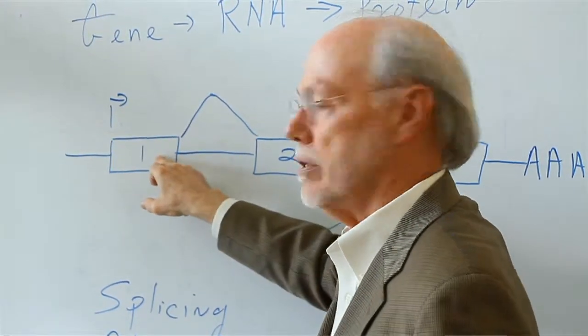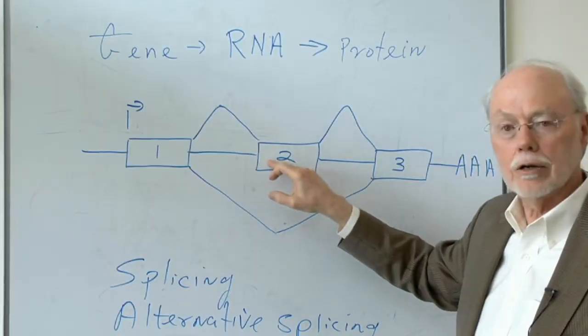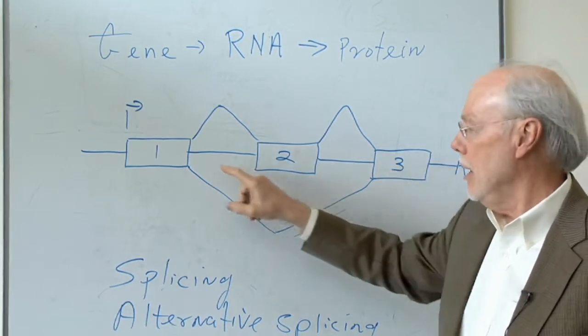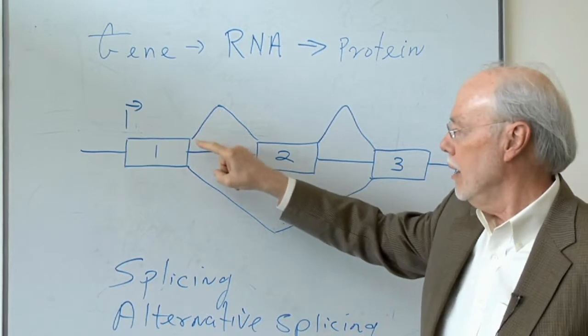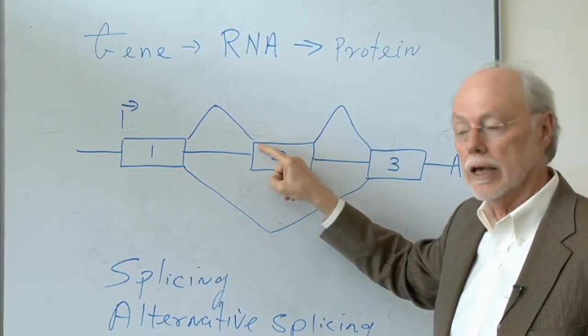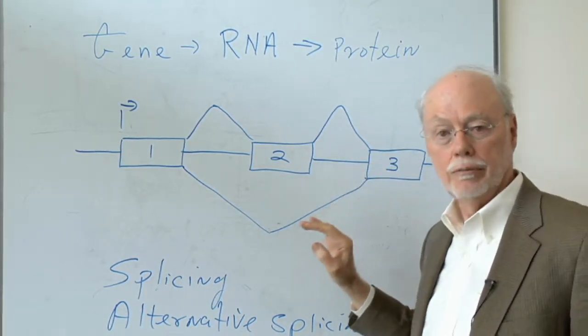And those sequences run continuously here, and then here, and then here. We call those exons. And these sequences in the middle are nonsense, and they have to be removed at the level of RNA to make the functional protein from this gene.